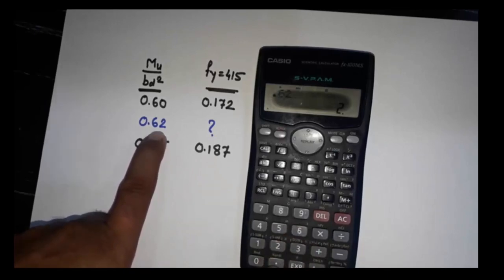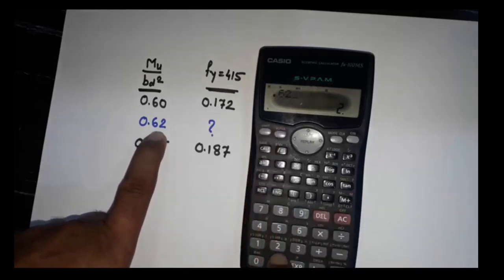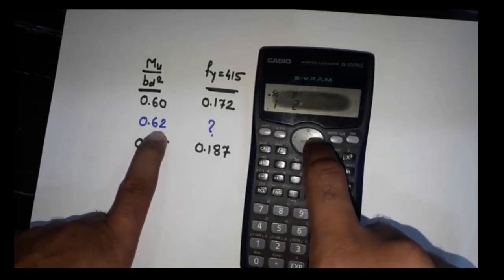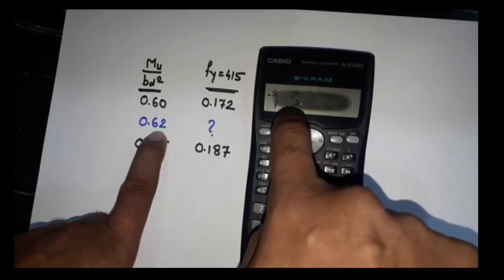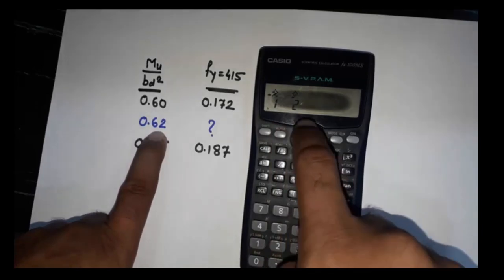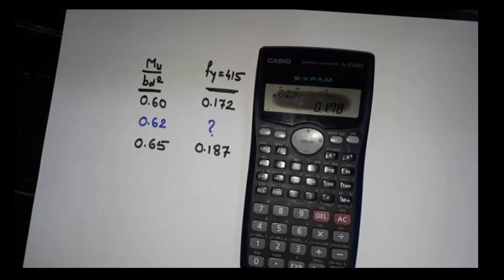Now after typing 0.62, press shift, then these two, and press 1, 2 and 3 times this forward button, and in this 2 value, press 3 times the forward button and then 2, then equal to. This value comes out to be 0.178.